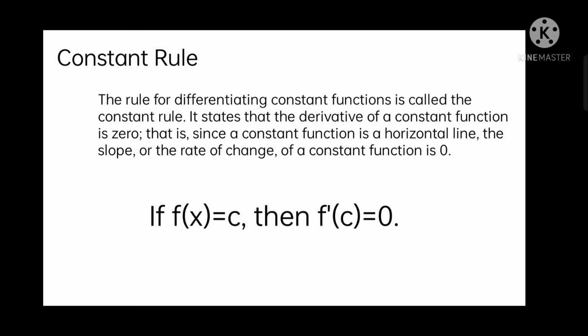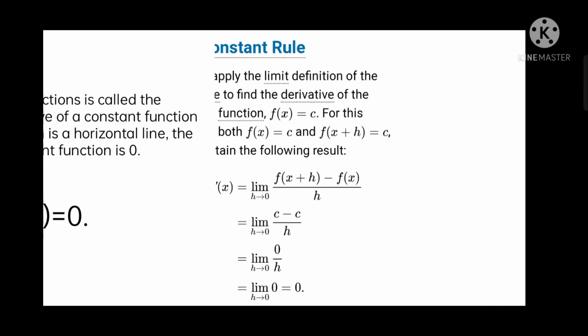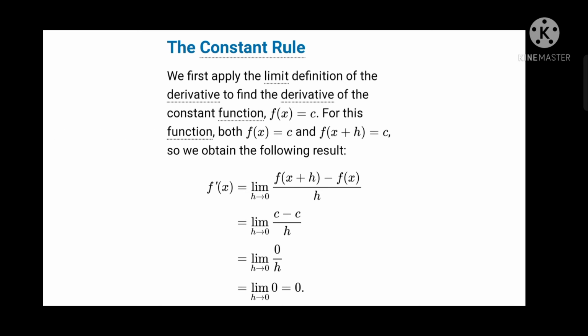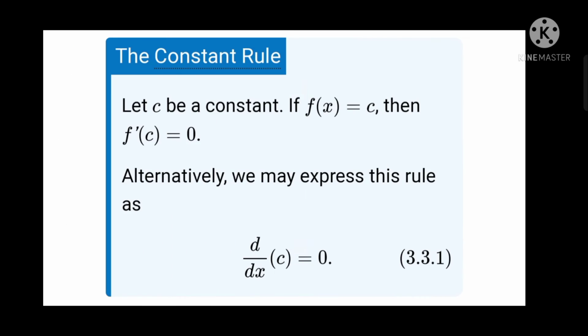Now, the constant rule: if f of x equals c, then f prime of x equals 0. So let c be a constant. If f of x equals c, then f prime of x equals 0. Alternatively, we may express this rule as d/dx of c is equal to 0.